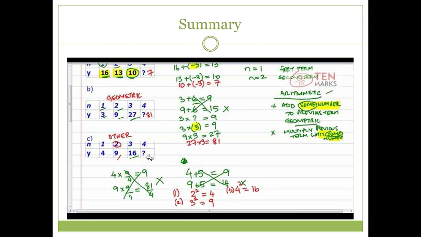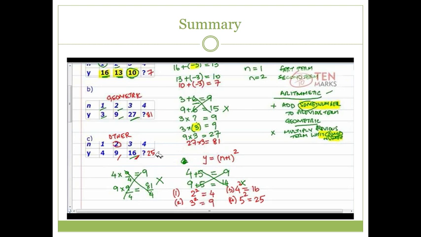That's correct as well. So the fourth term would be 5 squared, which is equal to 25. What's the function here? The function is y equals (n plus 1) squared. So to compute any value of y, we take the value of n, which in this case is 4, add 1 to it, which gives me 5, squared is 25.